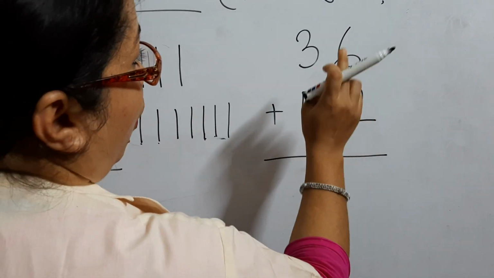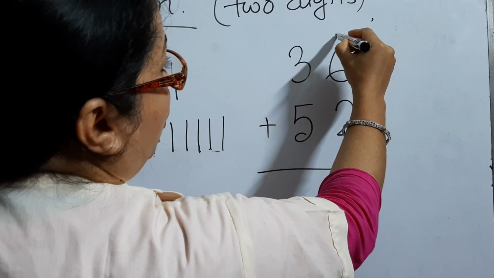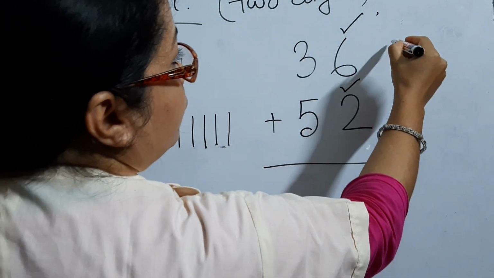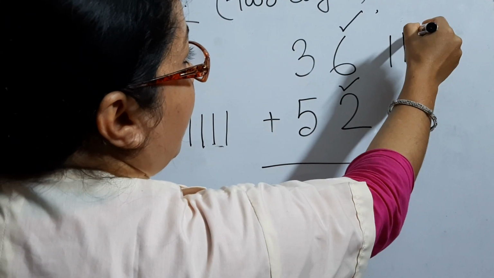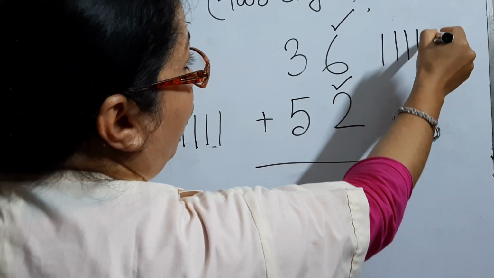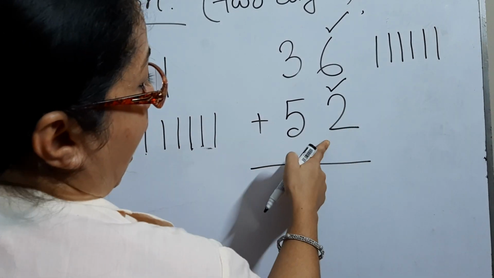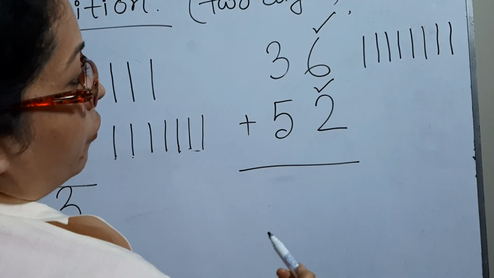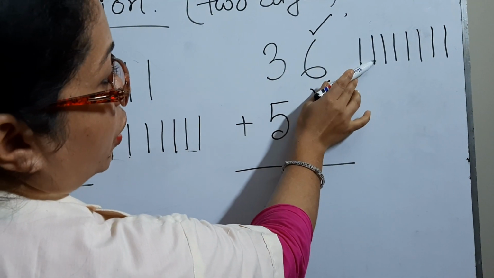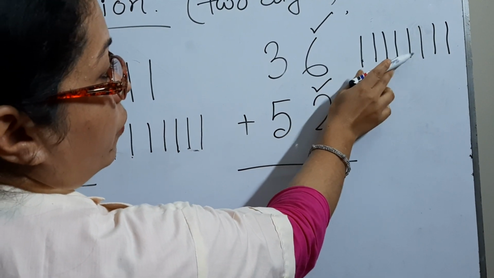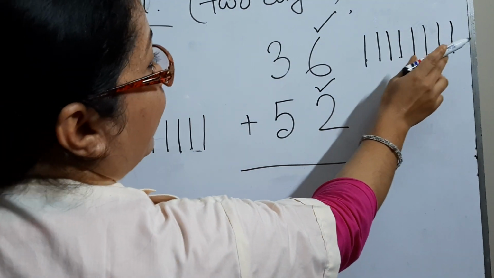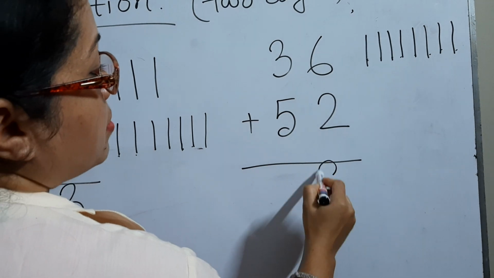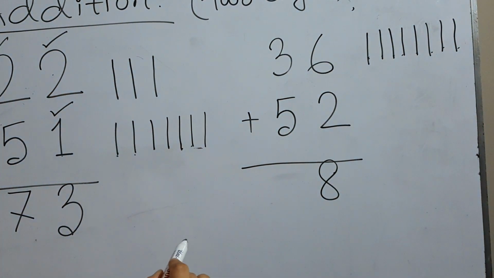Now come to the next one. Here in the ones place 6 and in the ones place 2. At first put 6 lines, then 2 lines. Now count from the beginning: 1, 2, 3, 4, 5, 6, 7 and 8. So 6 plus 2 becomes 8. Clear, dear students?